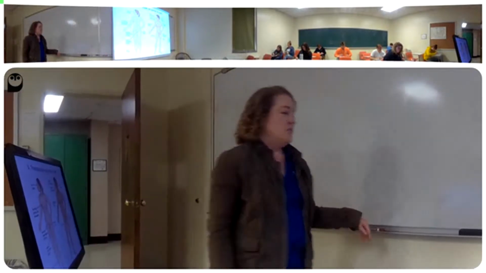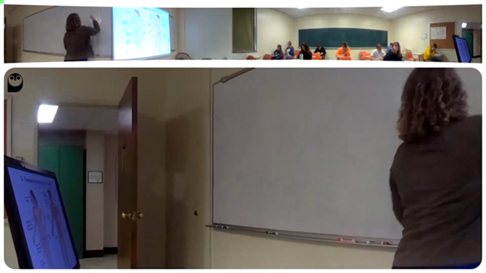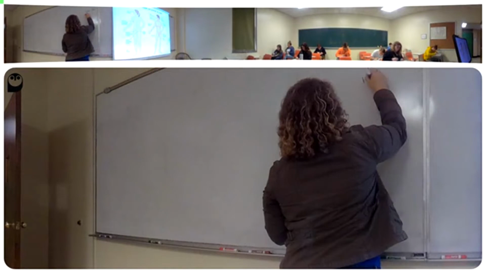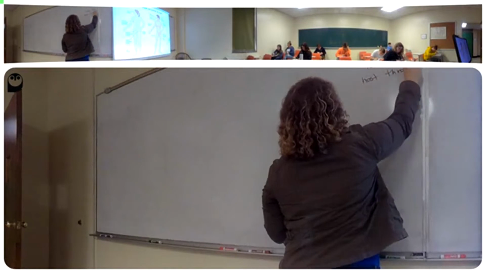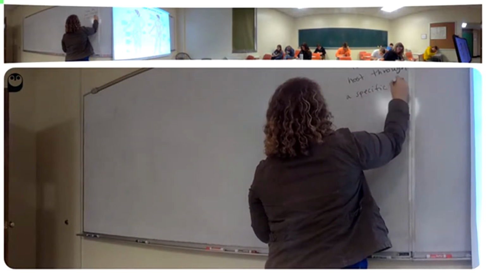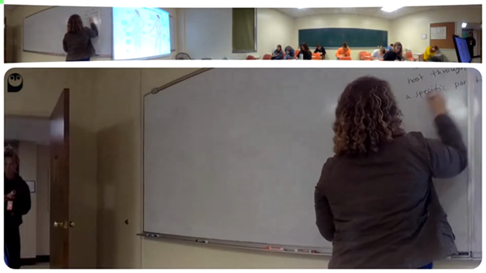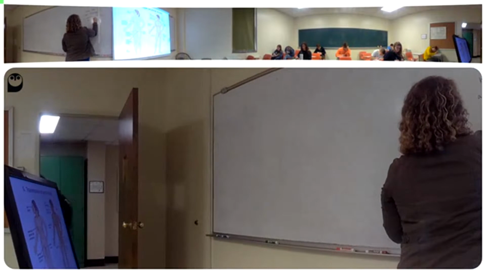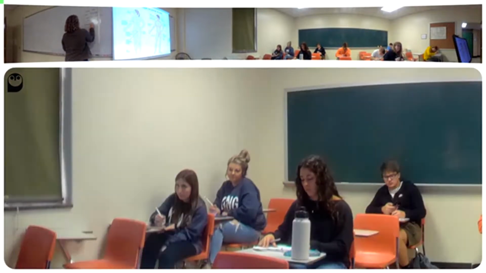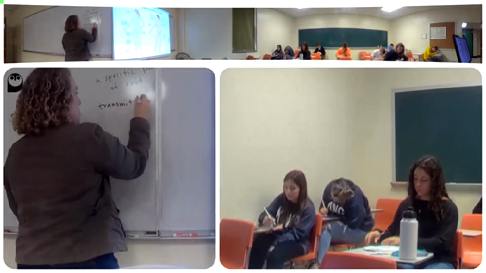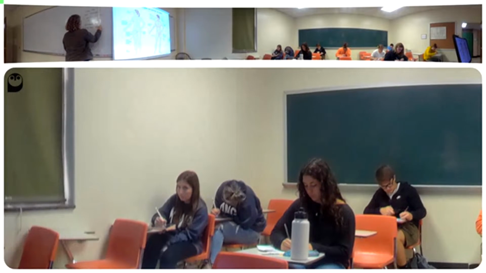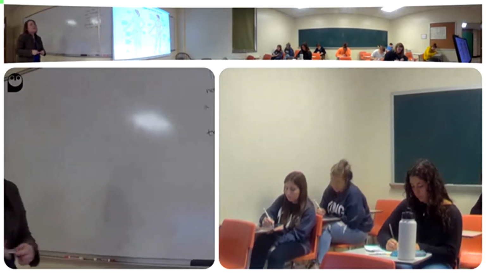How is it transmitted to a new host? So, leave the host through a specific portal of exit, and thus transmit to a new person or new host. Transmission stage.